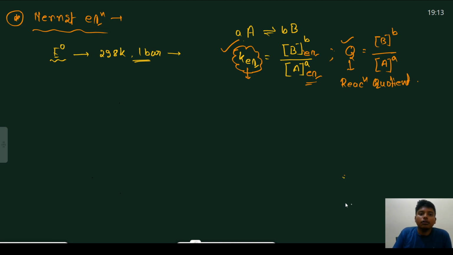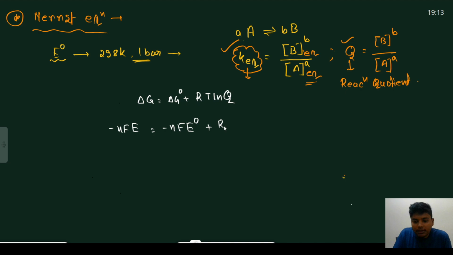Now, from the previous, you know that delta G is equal to delta G naught plus RT ln Q. I told you this. Now can I write delta G equal to minus NFE, and delta G naught equal to minus NFE naught for this reaction, plus RT ln Q. If I change ln Q to log Q, what will we have to do?